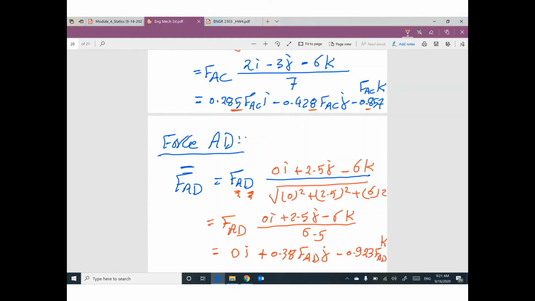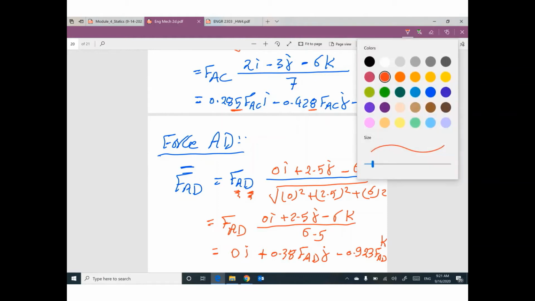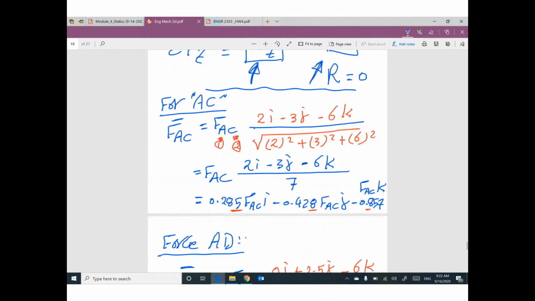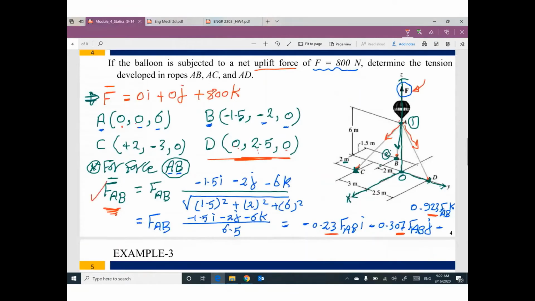So finally, I got the X component, Y component, and Z component for force FAD. So we have FAD, we have FAC, we have FAB, and we have the force which is given, F. Okay? All of these forces, F and FAB and FAC and FAD, are in equilibrium.